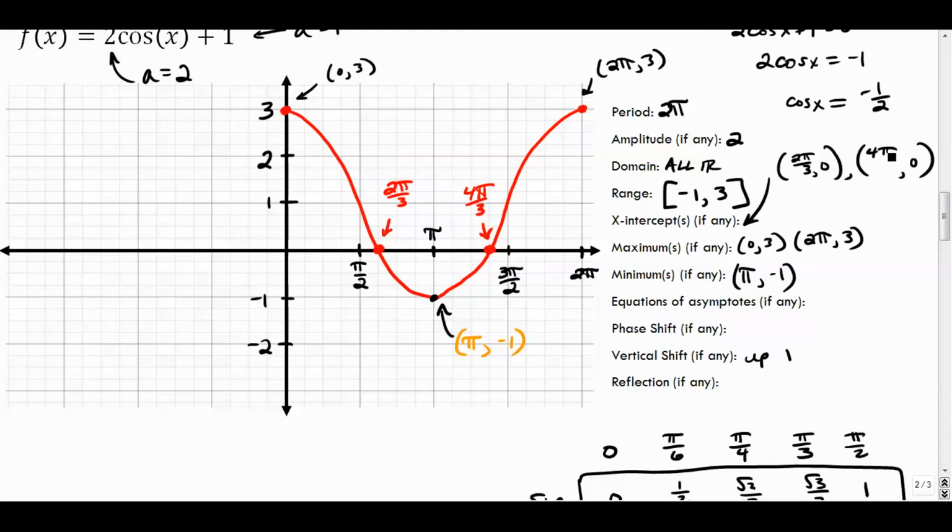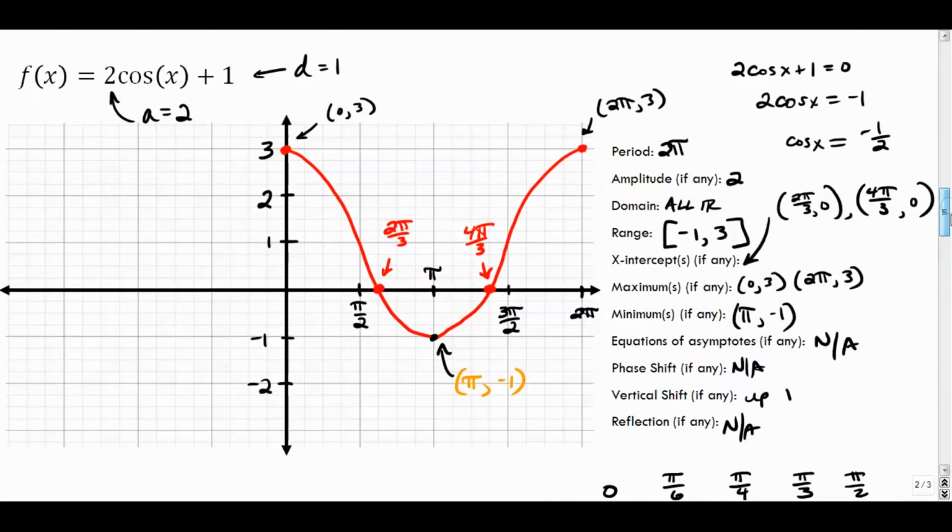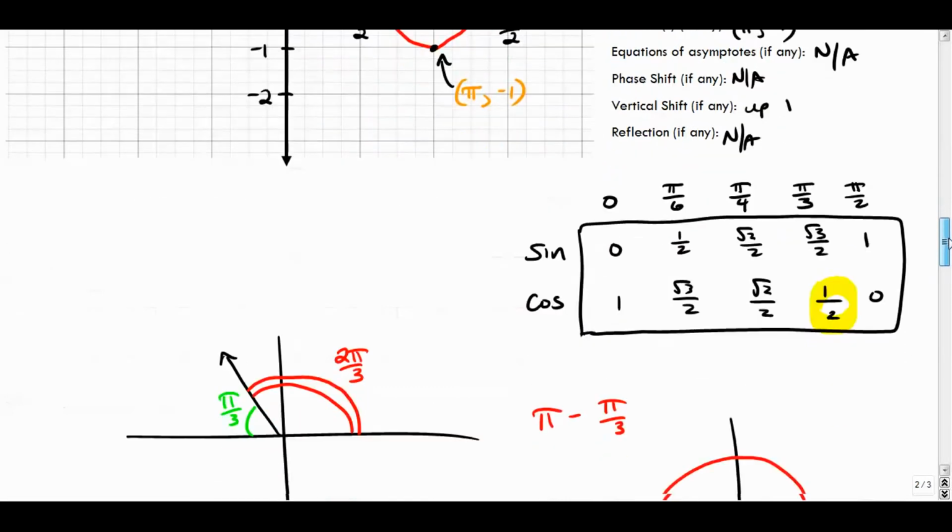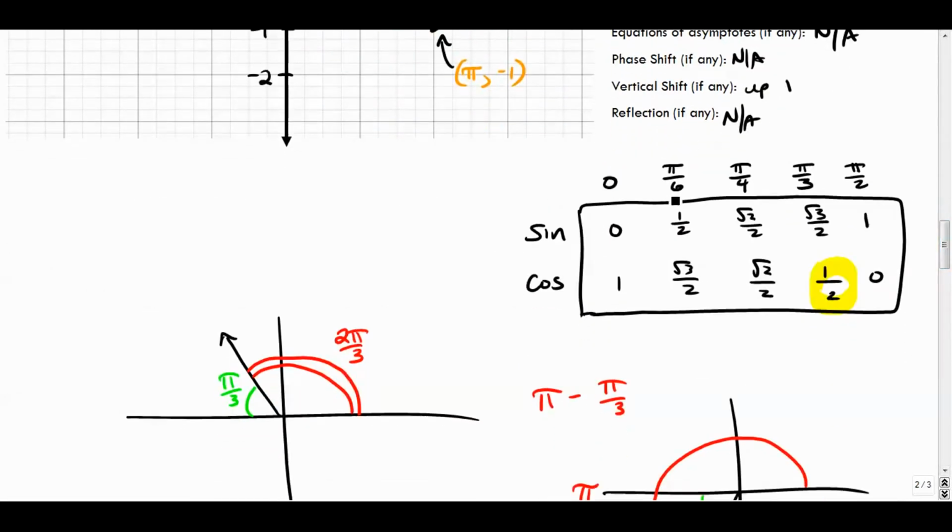There you go. No asymptotes, and no phase shifts, no reflections. This one just had a vertical shift of up 1 and an amplitude change of 2. So again, everything kind of keeps coming back to the unit circle and sine and cosine values and your special angles, right?